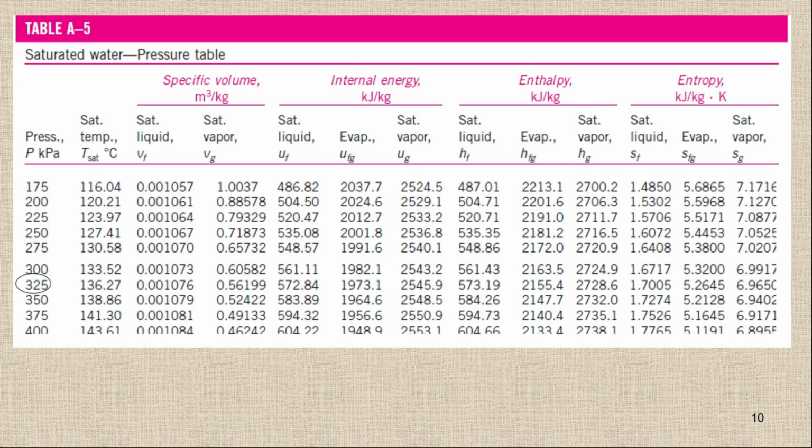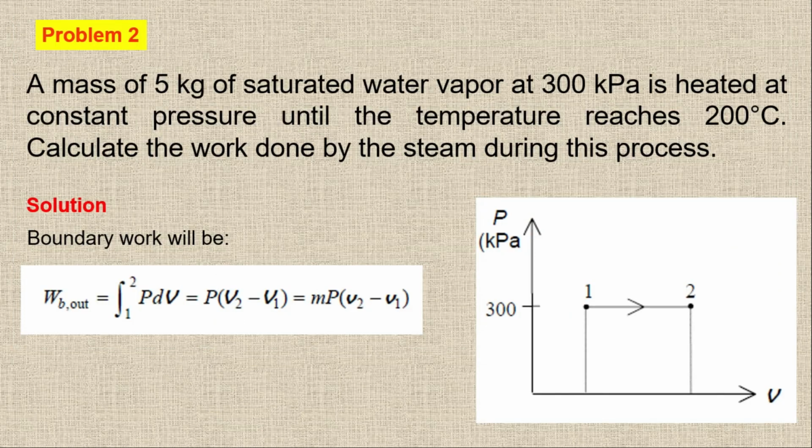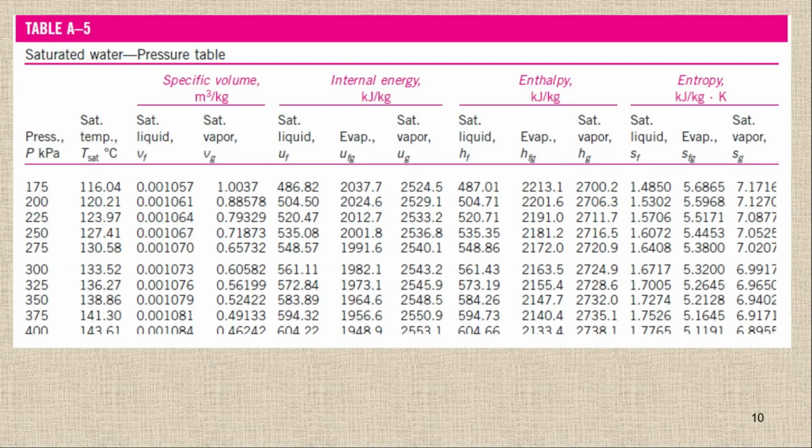So here in this question, we have 300 kilopascal, and then we have saturated vapor here. So we have 3 different tables: A4, A5, and then A6, as we already studied in chapter 3.